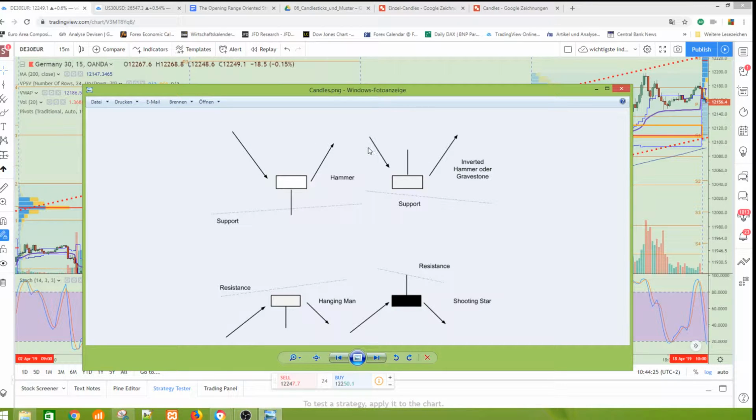Also the inverted hammer turns from above. The other way, after an uptrend we have the hanging man, and afterwards a downtrend, or we have this shooting star. It's a formation which goes very quickly up, and it crashes in itself.